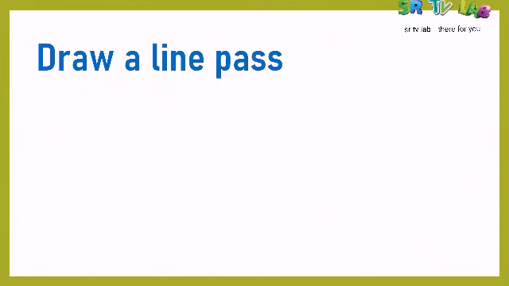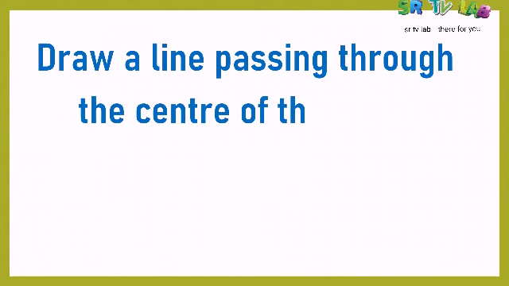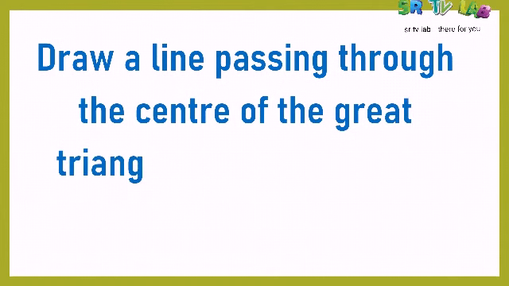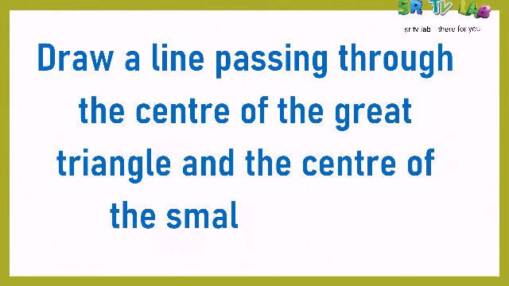Now you will draw the second line. That line will pass through the center of the grid triangle and the center of the small triangle. There is a horizontal line first that passes through the center of the grid triangle. Now this is the line passing through the center of the grid triangle and the center of the small triangle.